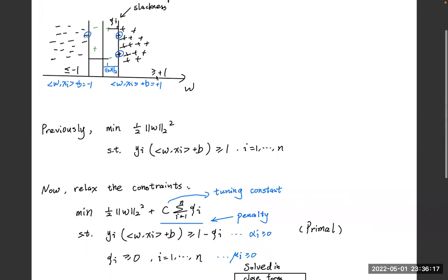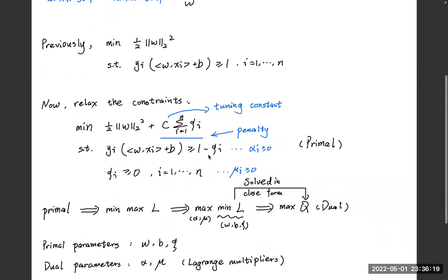Okay, so that's a slackness that we allow for this example, but we also pay a price for how much we slack. It's like you pay a penalty, a fine, or how much money you have to pay in order to buy such slackness. And this psi_i is always bigger than or equal to 0.